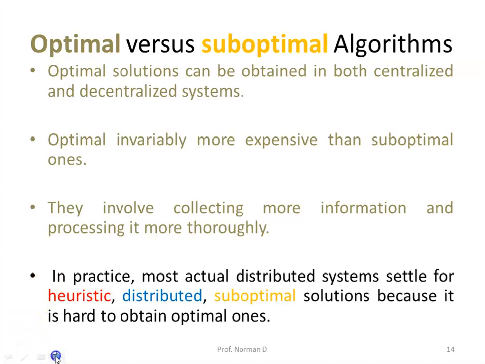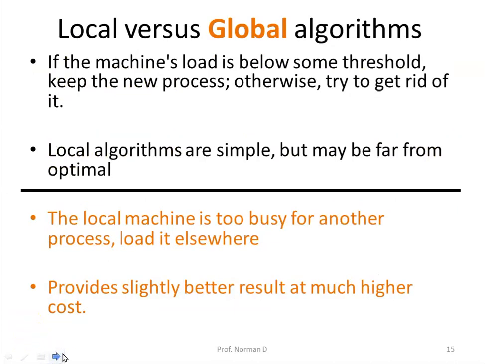The next issue is with respect to local and global algorithms. Now, with respect to the local algorithms, if the machine's load is below some threshold, then the process that has just been generated, we keep that process. Otherwise, we try to get rid of that process. Local algorithms are simple, but they are far away from optimal.